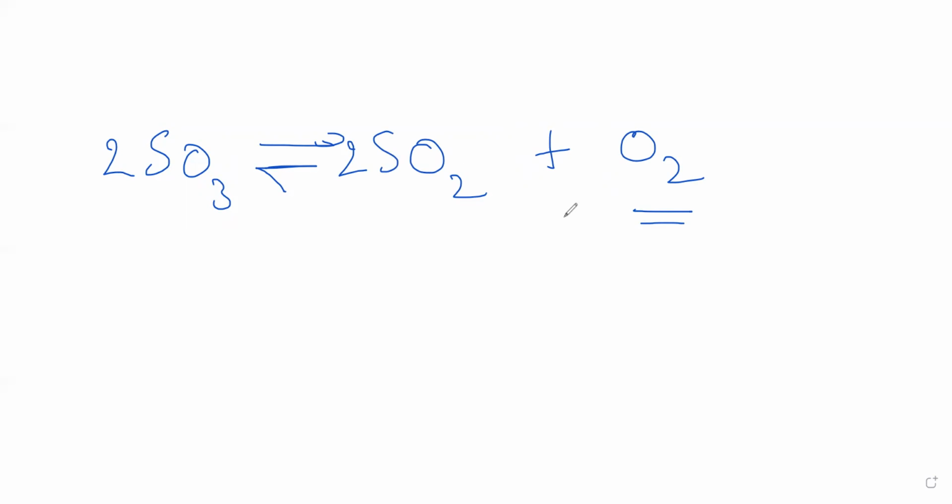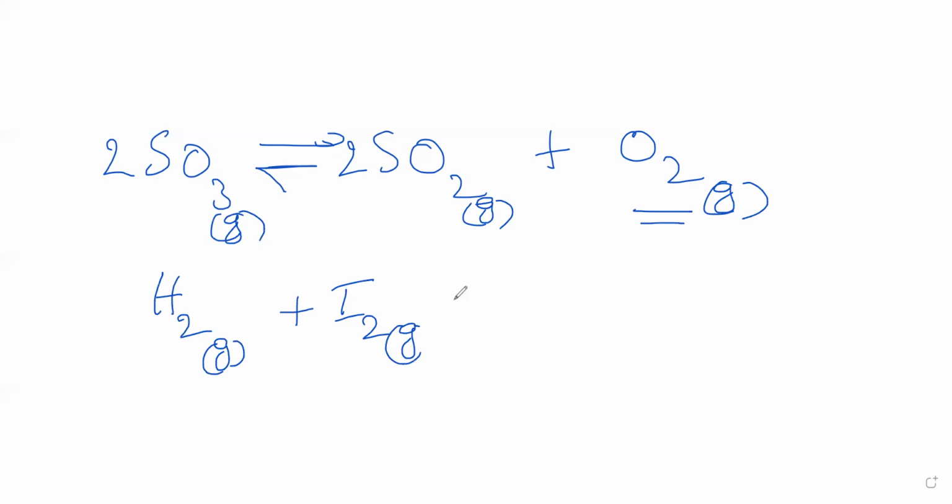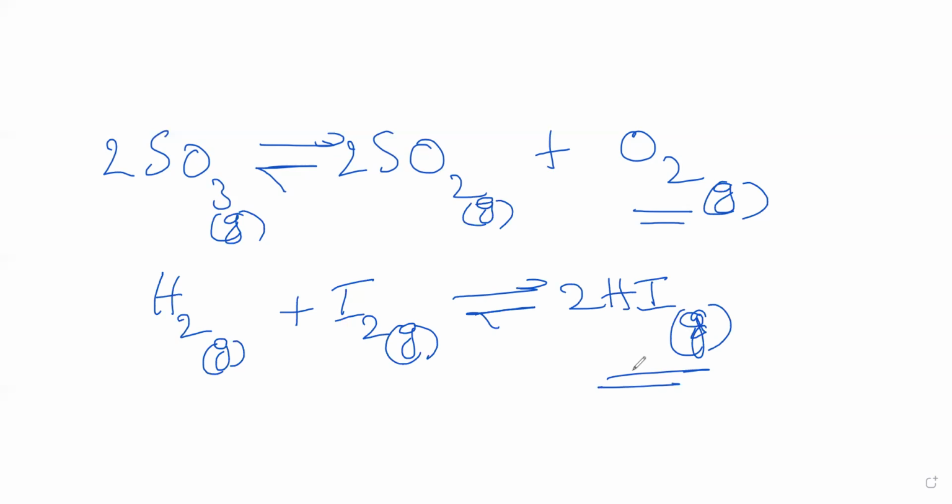Yes, it is balanced. Everything is a gas right now. Another reaction is H2 gas plus I2 gas giving 2HI gas. We take the gaseous state itself. So this is also a reversible reaction. These are some of the examples of reversible reactions.